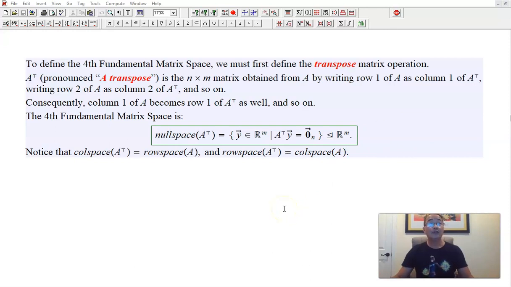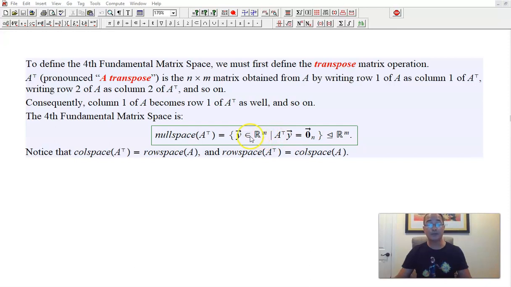Now, the 4th fundamental matrix space is the null space of this matrix, the null space of A transpose. So this time, they're all the vectors y from Rm, because the transpose now has m columns, such that A transpose multiplied by y gives you the 0 vector in Rn.